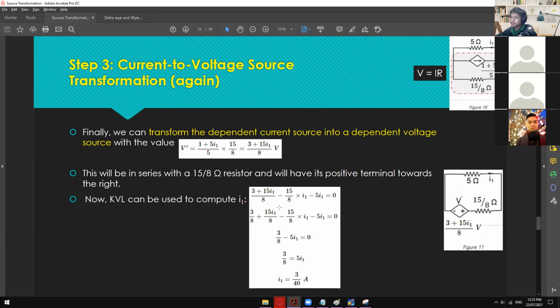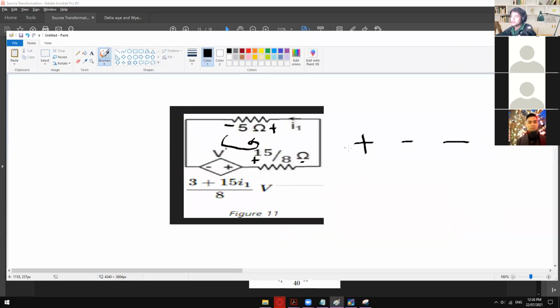Okay, so I think I need to explain this one. All right, so let's try to answer this one since this is our first time solving a KVL equation with a dependent source. So what happened right here is, let me remove this one for now.